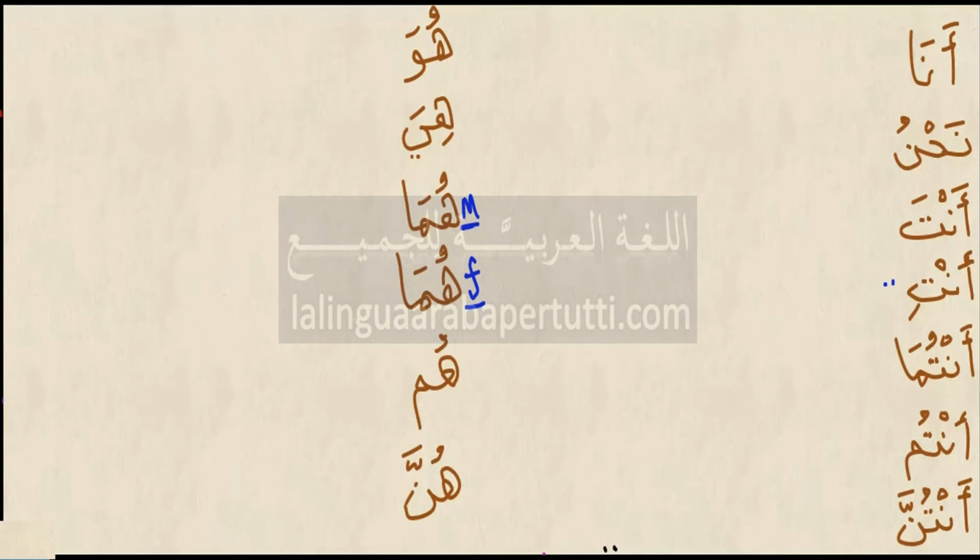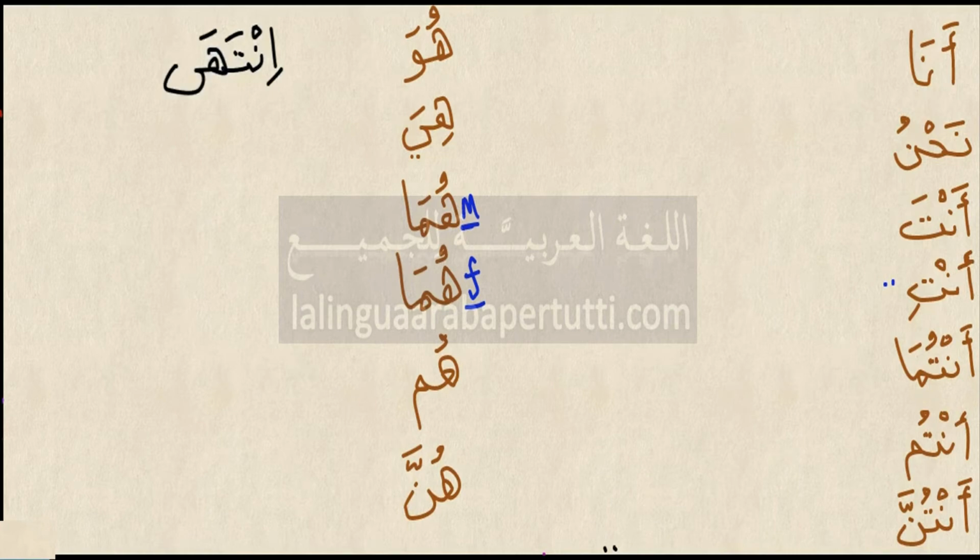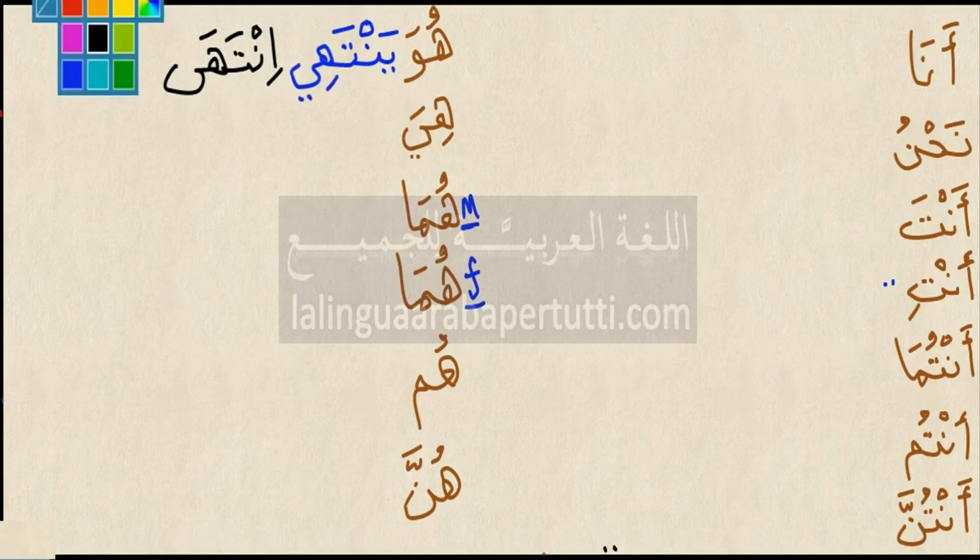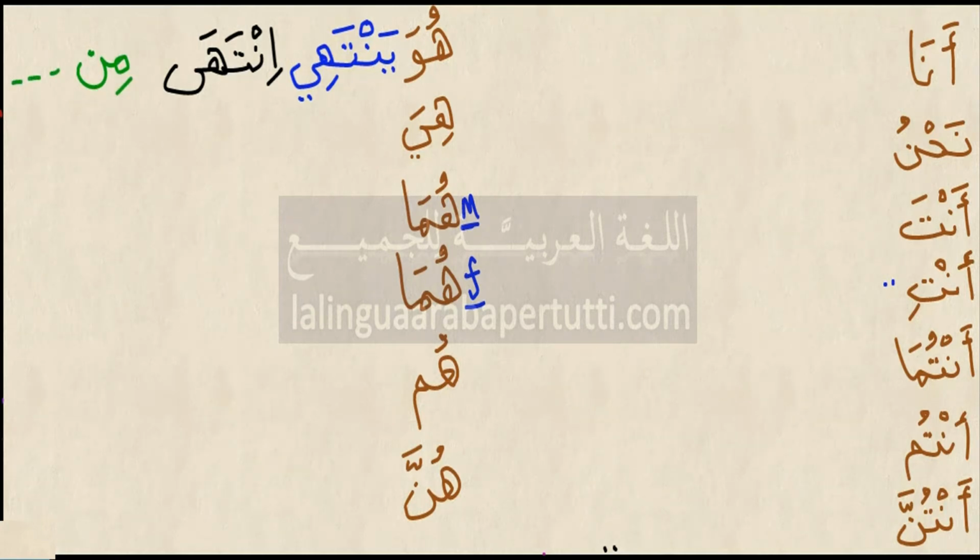The second verb, I will write it here: هو انتهى, ينتهي. And by the way, if you want to use this verb, you must say انتهى من something.